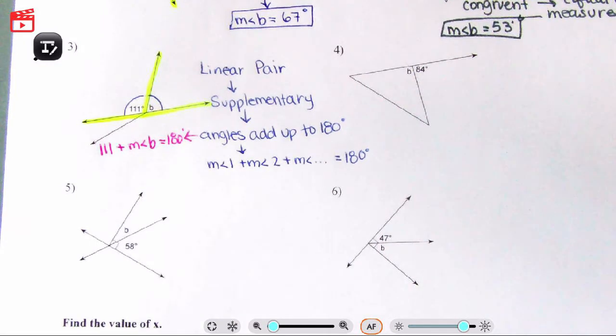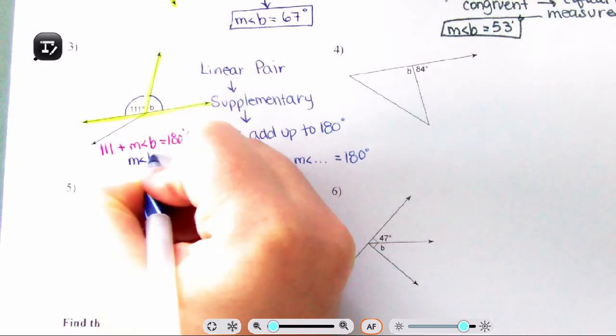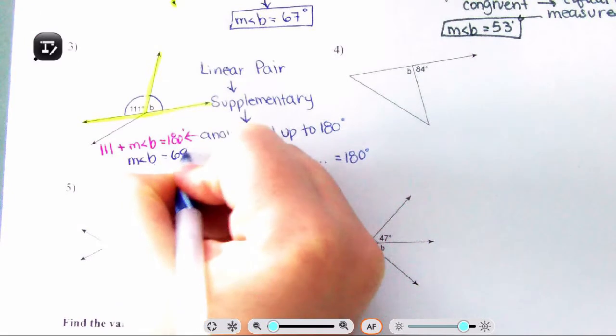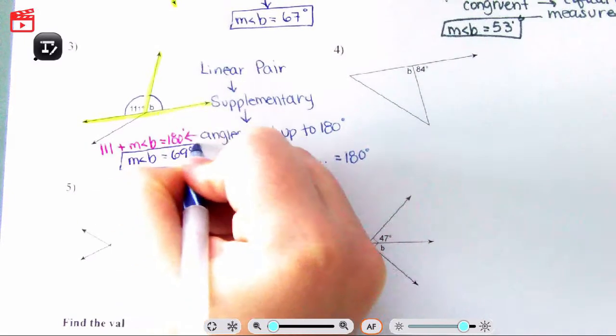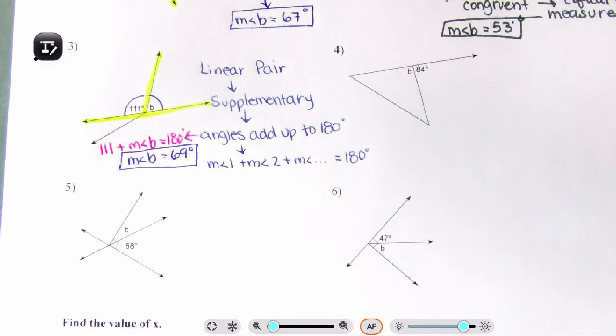We can go back to semester 1 of Integrated Math 1 or pre-algebra and say 180 subtracted by 111, and that's going to be 69. So the measure of angle B is equal to 69 degrees. Don't forget your unit of measure, so degrees is very important. Putting this little circle right on top is extremely important.